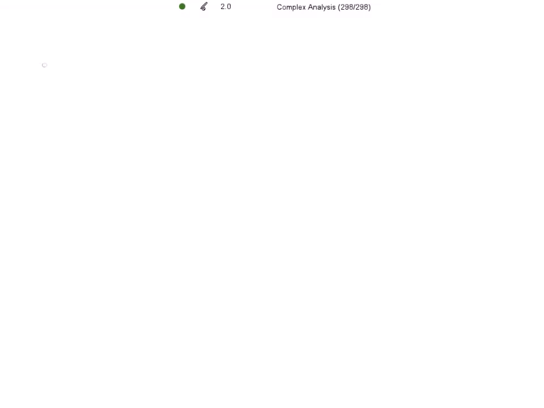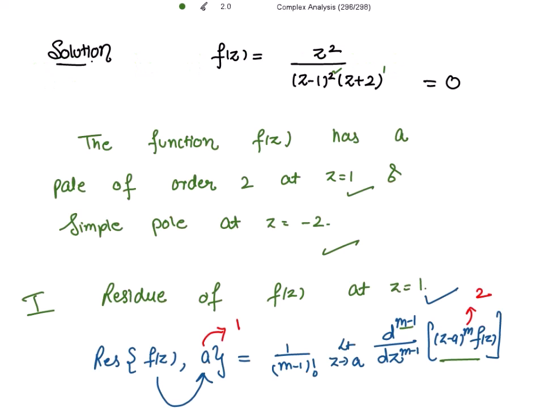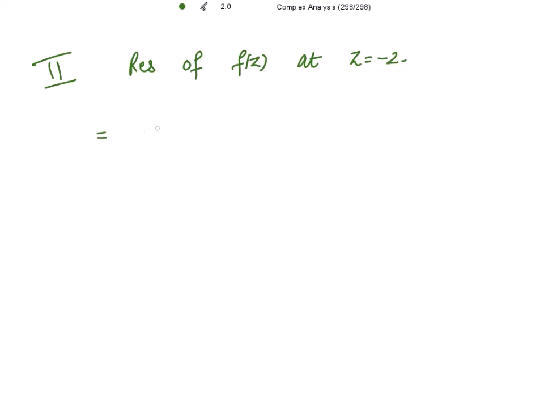And now we need to find the residue of f(z) at the simple pole, that is at z equal to negative 2. The power is 1 over here, right? So the residue becomes limit z tends to negative 2. Just simply write (z plus 2) into f(z).